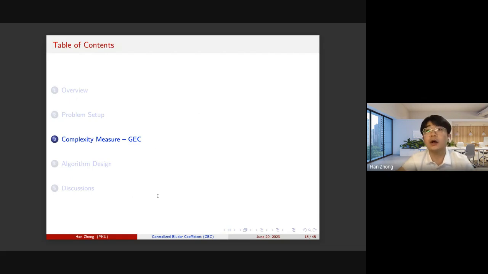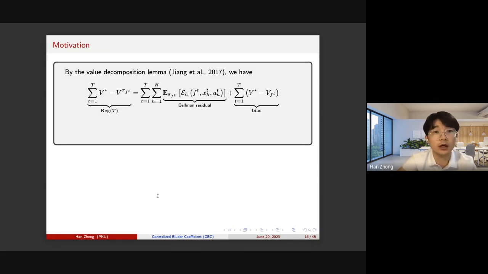Okay, this is our problem formulation, and now we are ready to give the definition of our capacity measure, GEC. Before giving the formal definition of the GEC, I want to focus on the simplified MDP case and give more intuitions. So let's start with the value decomposition lemma.